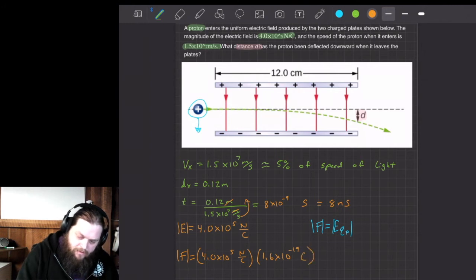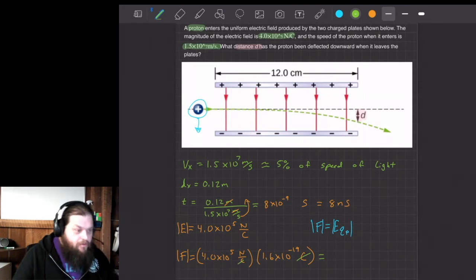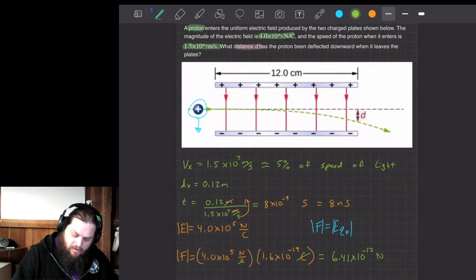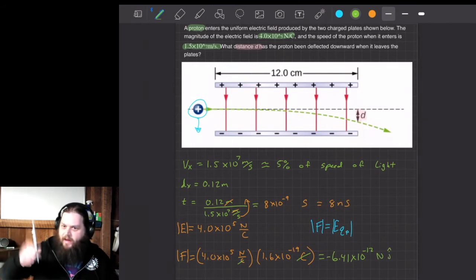Again, we notice that units are going to cancel out, and we're going to be left with a value in newtons, which is what we're looking for. If we plug that into our calculator, we get 6.41 times 10 to the negative 12 newtons. For the direction, it's going to be in the negative j hat, so it's going down in the negative y.